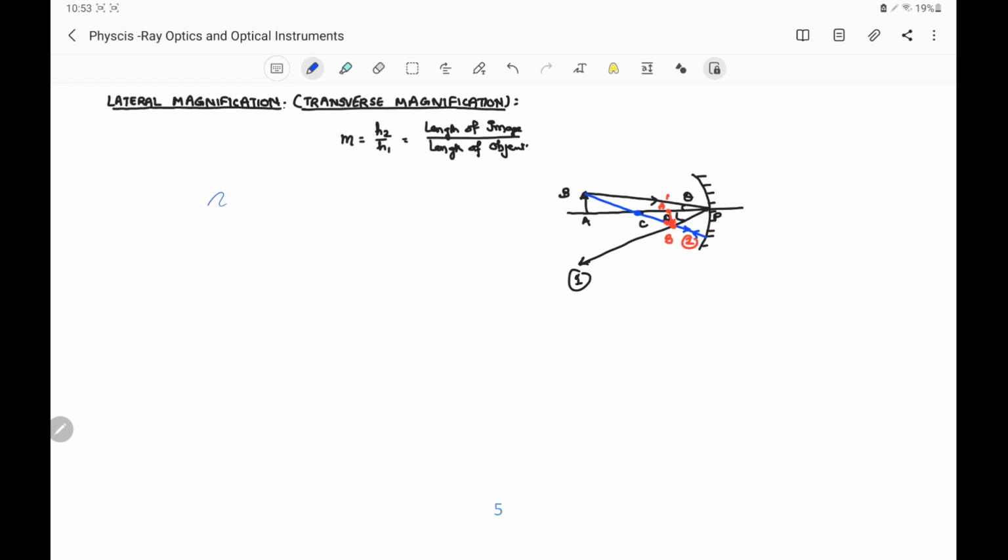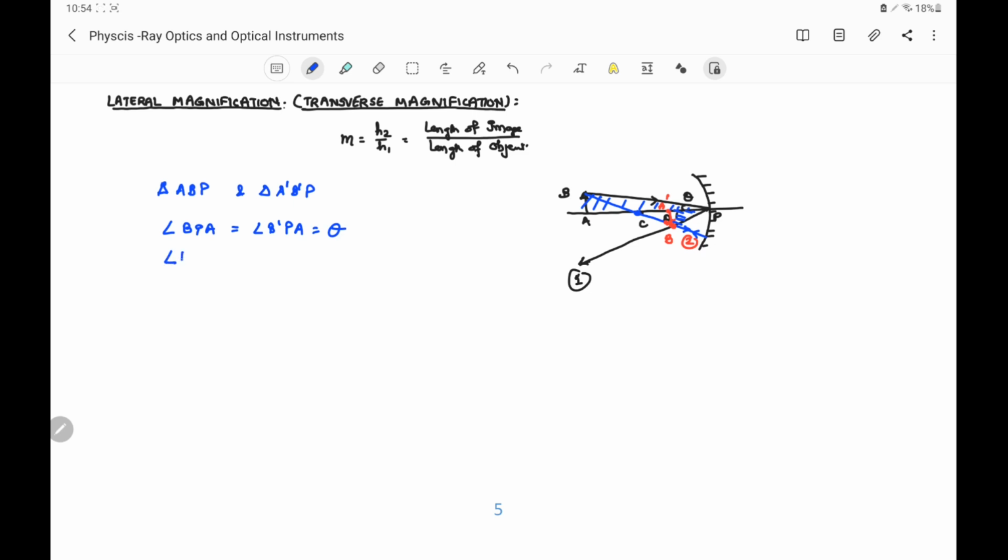Now we consider two triangles, triangle ABP and triangle A dash B dash P. In these triangles, angle BPA equals angle B dash PA, that is equal to theta, given that the angle of reflection equals the angle of incidence.